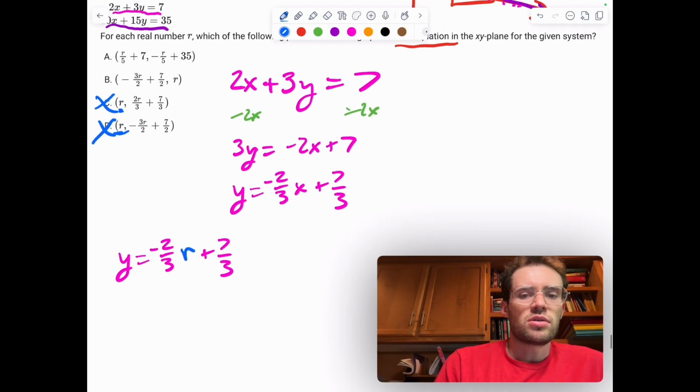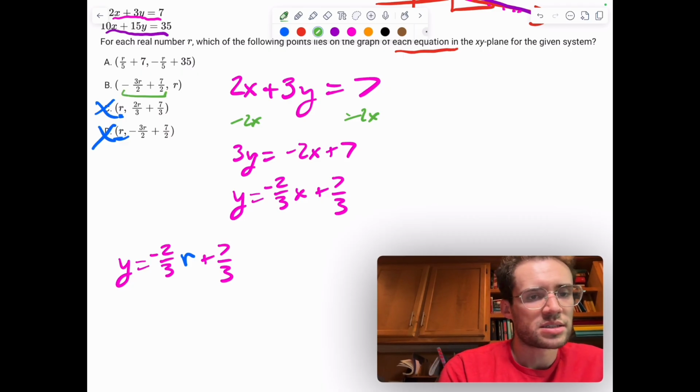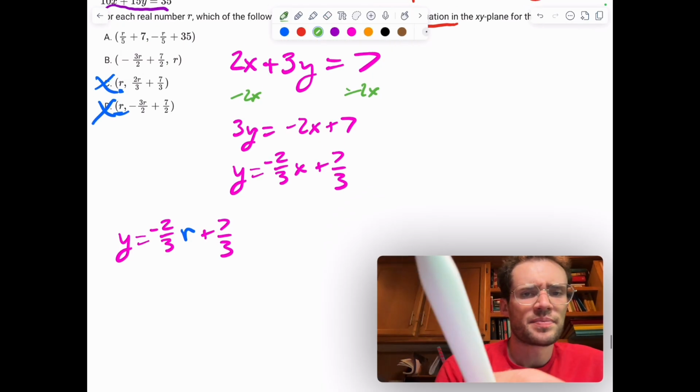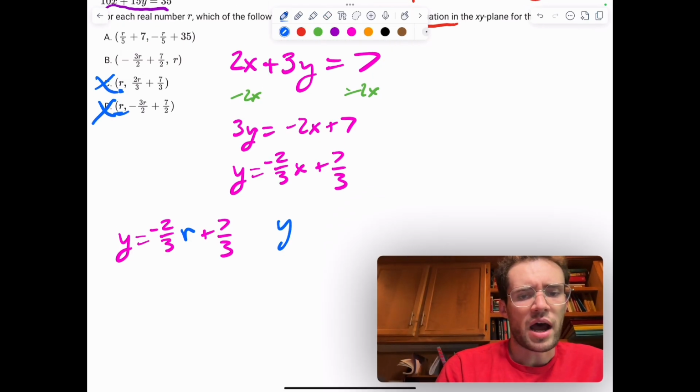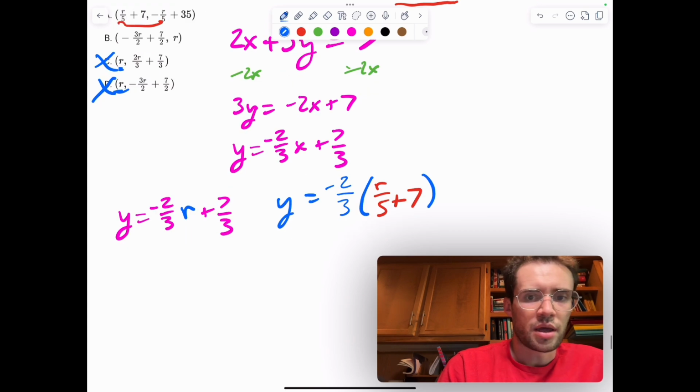What we can do is, I could get it so I have the x alone. I mean, I could also just plug in these longer expressions for x. Maybe I'll do that for a. So we'll say y is equal to negative 2/3 times, instead of x, it's going to be r over 5 plus 7, and then plus 7/3.